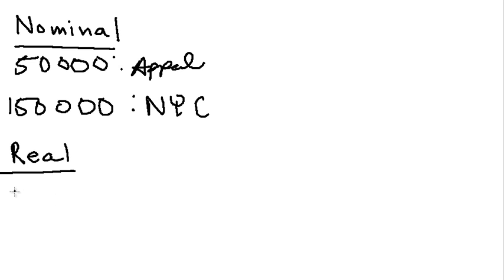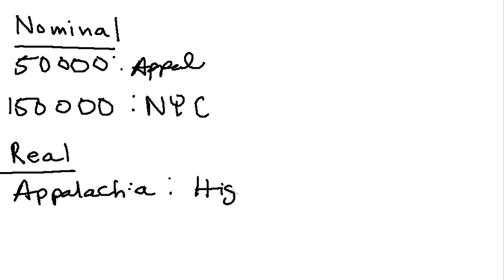So, in Appalachia, the cost of living is quite low, so $50,000 is going to go a long way. So my real income for the janitor in Appalachia is going to be quite high. But in New York City, to get a coffee, you have to pay $6, $7.